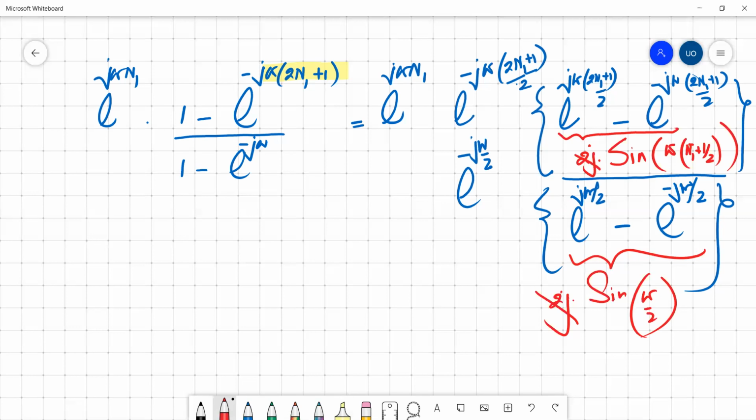So then this can be simplified. We have multiple factors there: j omega n1 here, and minus n1 minus half, plus half.